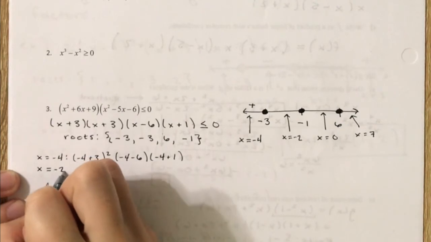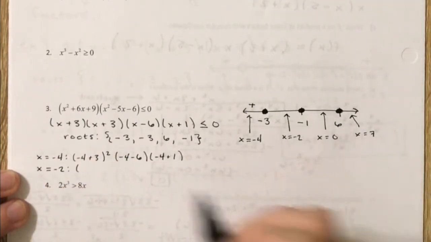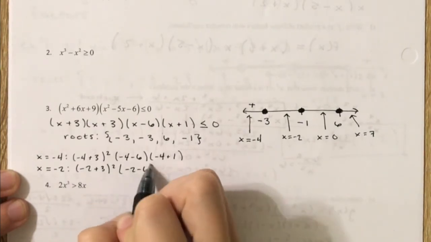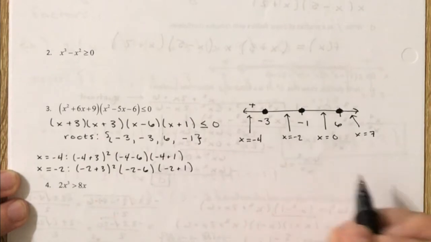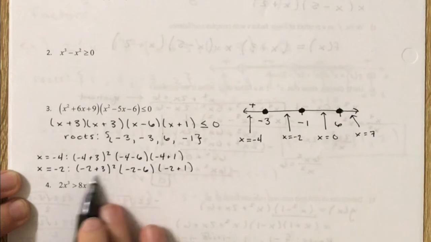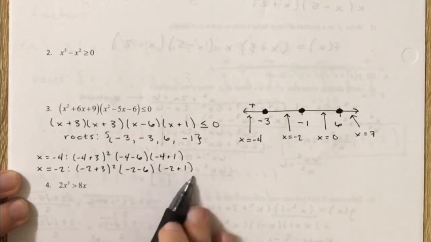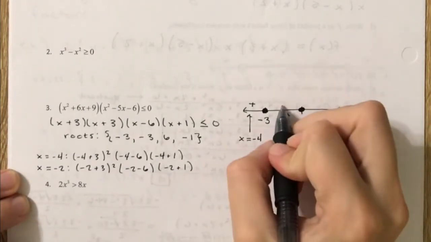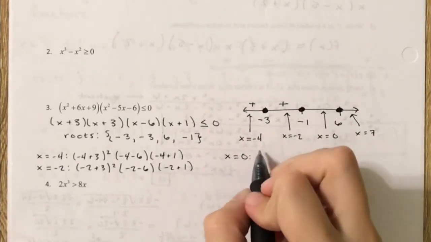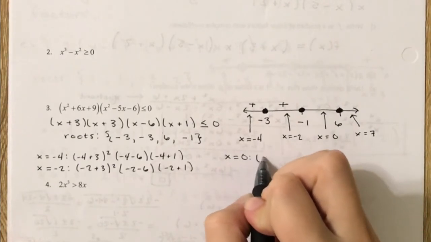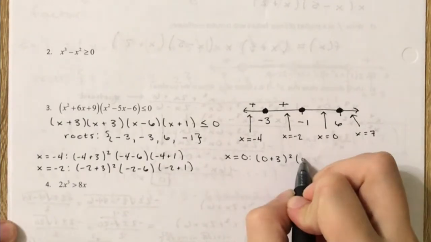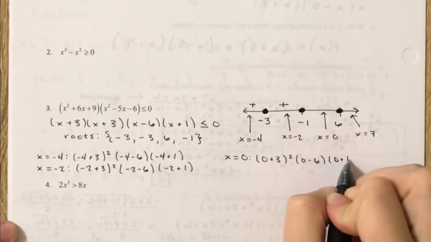Let's check negative 2. I've got negative 2 plus 3 squared, negative 2 minus 6, and negative 2 plus 1. Looks like I've got a positive squared, so it's still positive. Then a negative and a negative. Again, two negatives make a positive. If I plug in x equals 0, I get 0 plus 3 squared times 0 minus 6 times 0 plus 1.